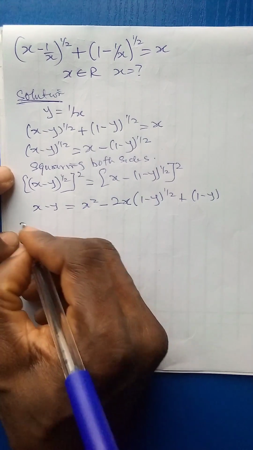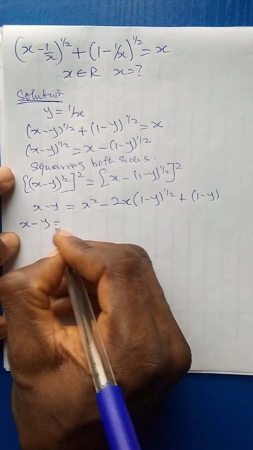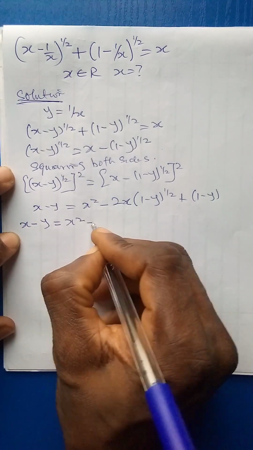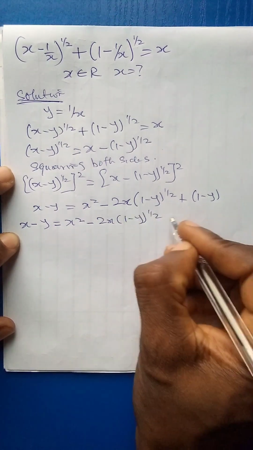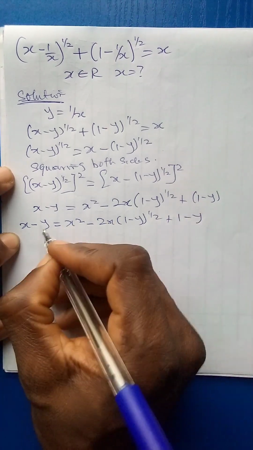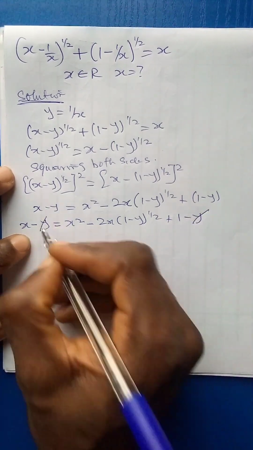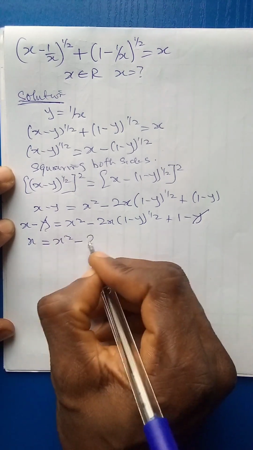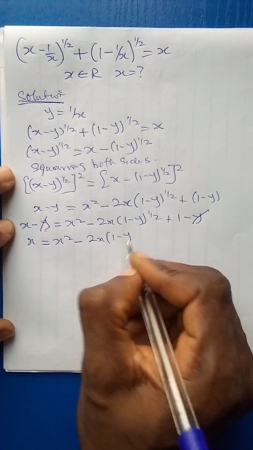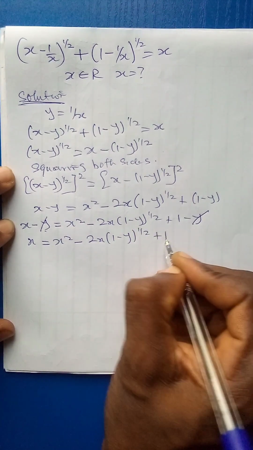Now rewriting it, I have x minus y is equal to x squared minus 2x (1 minus y) to power 1 over 2 plus 1 minus y. Now this and this will cancel out, remaining x is equal to x squared minus 2x (1 minus y) to power 1 over 2 plus 1.